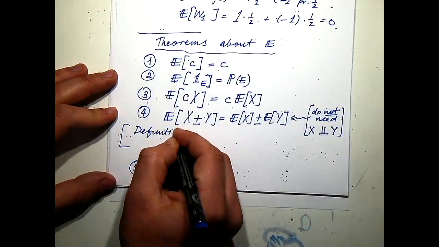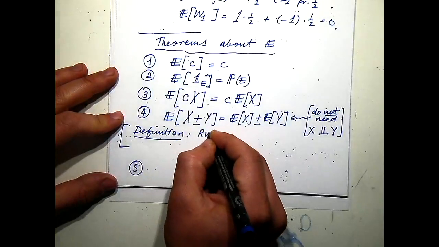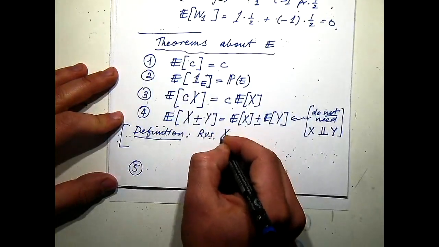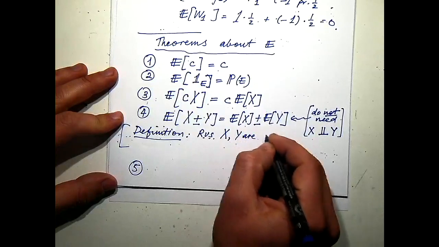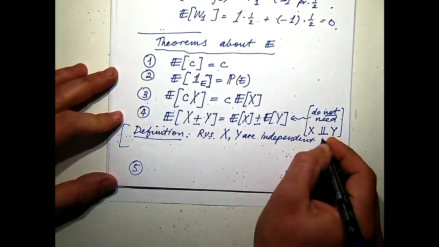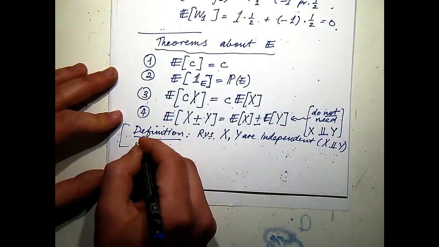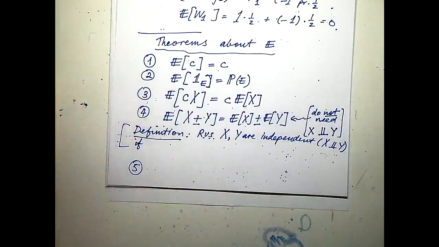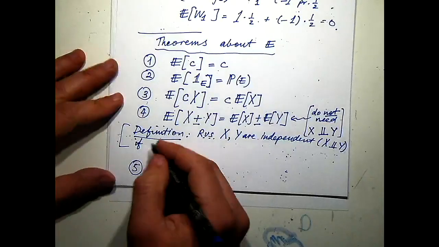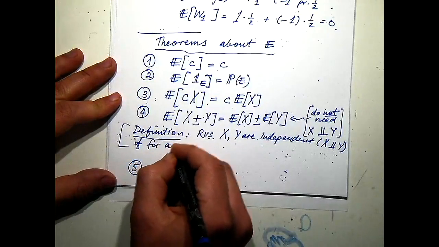It's been foreshadowed long enough, which is that random variables X and Y are independent, which, once again, you can write with that symbol, if the following is true. We already know the definition of independent events, okay? So a very simple definition for all intervals.